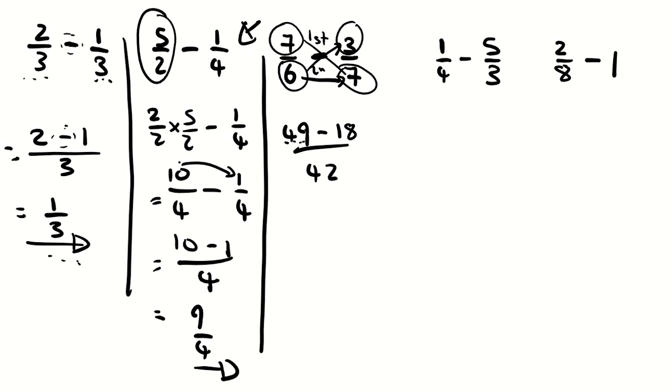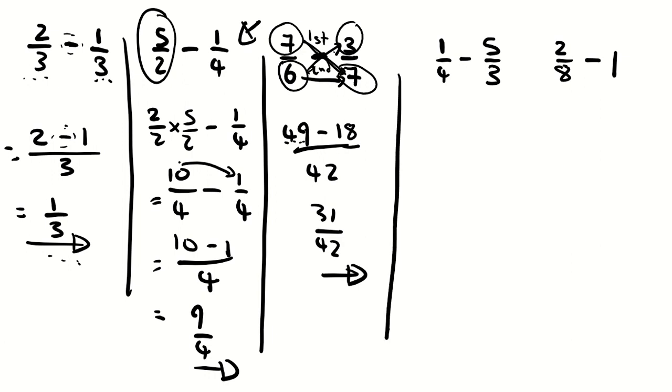This is the second part. Don't mix these steps. You start diagonally up towards 7 at the base, and you start diagonally from the base upwards to 3 and put your answer on the right. Okay, so 49 minus 18 is going to be equal to 31 over 42. It's that easy.